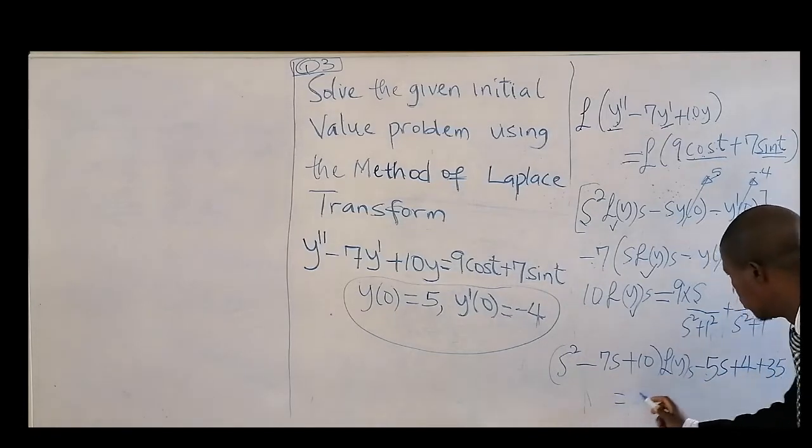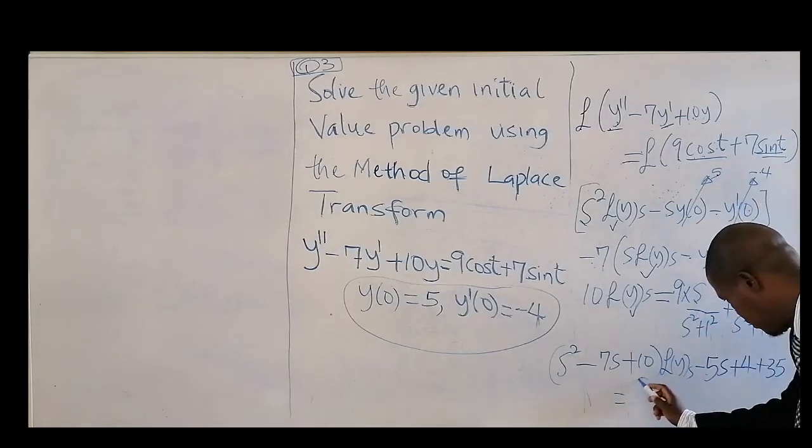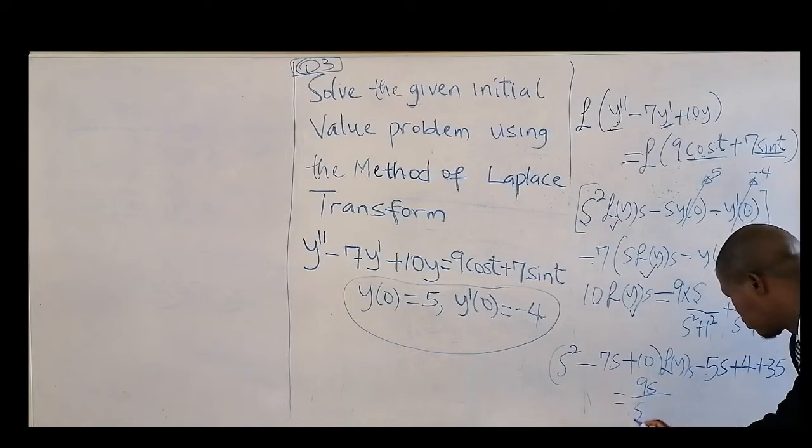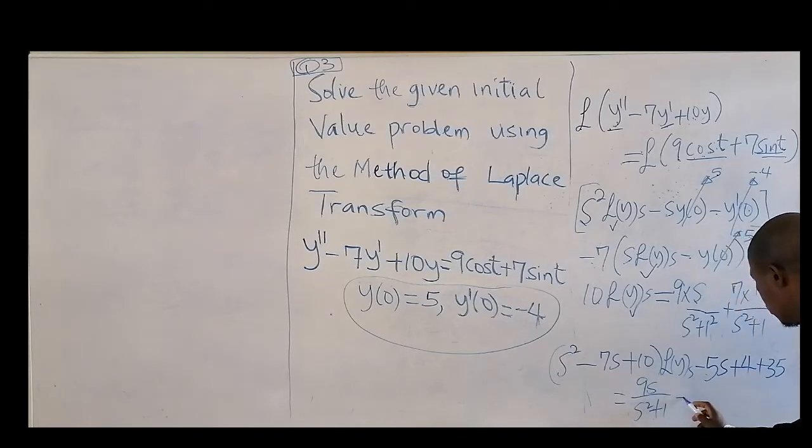equal to this time and this, that's 9s over s squared plus 1 plus 7 over s squared.